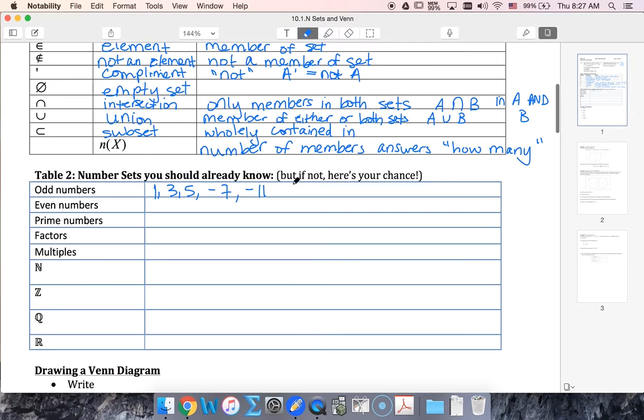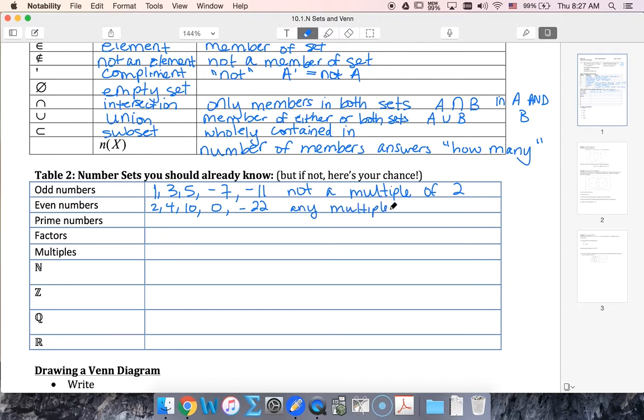Any of these numbers are odd, so they're not a multiple of 2. Even numbers are multiples of 2: 2, 4, 10, 0 is an even number, -22, so any multiple of 2.